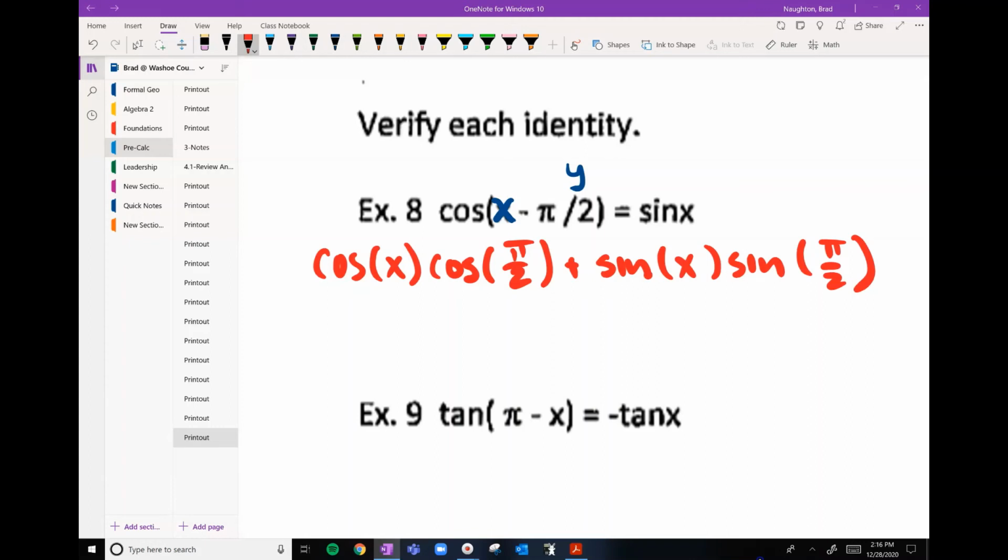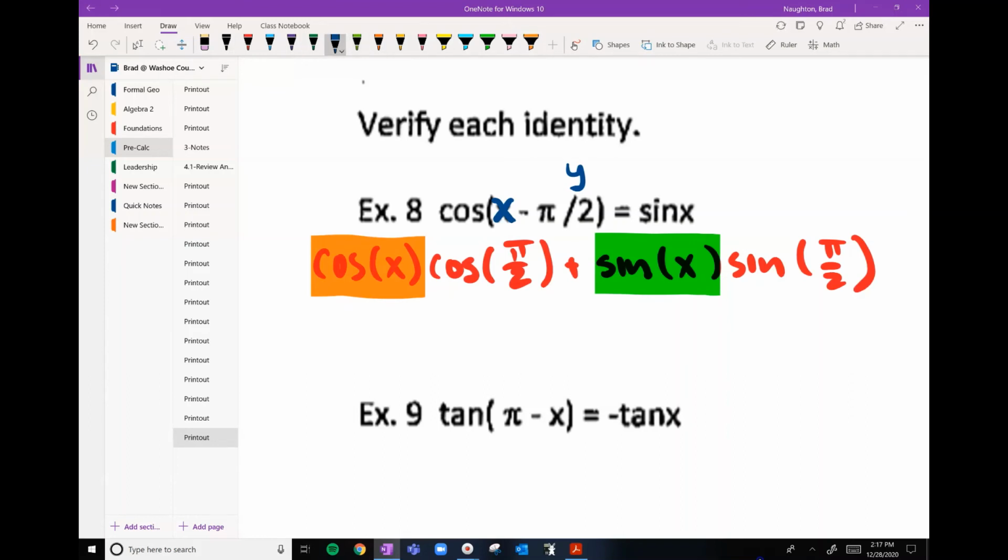So my goal is to make this equal sine of x. If I notice that this is my sine of x right now, I'm hoping that everything else goes away, including, my friends, this cosine x right there. So I need to be focusing on making sure that goes away.